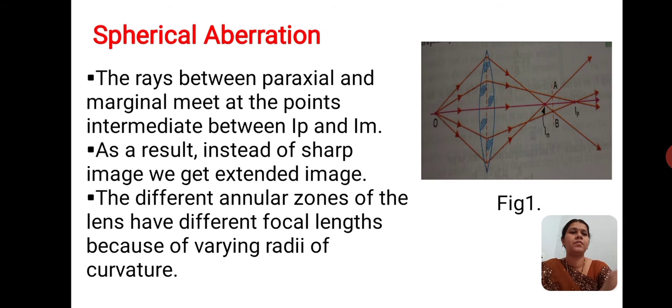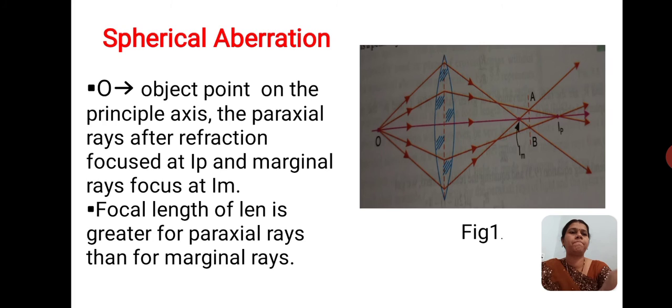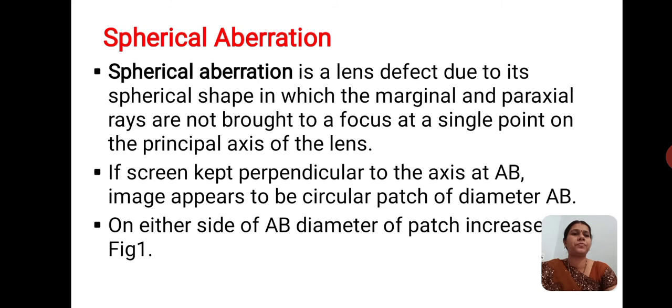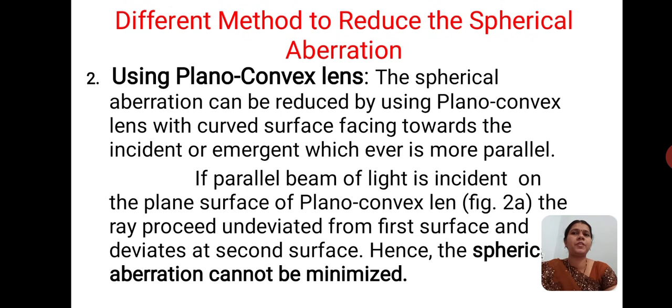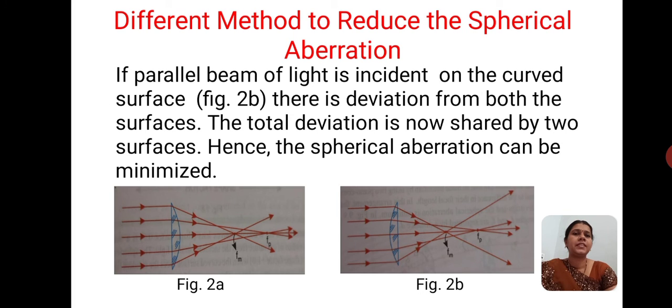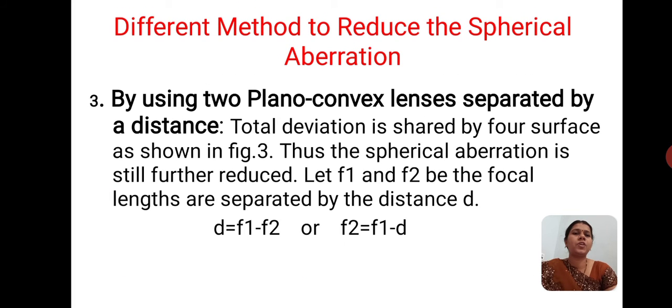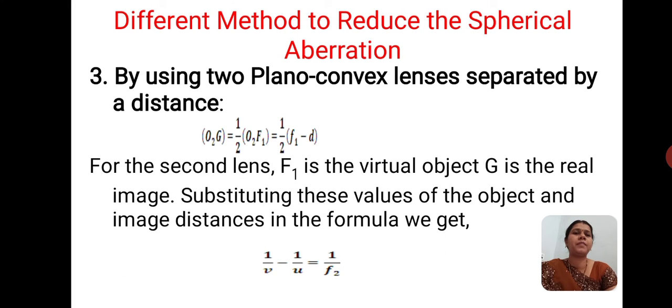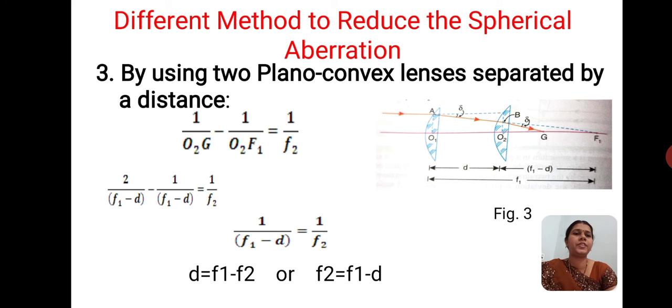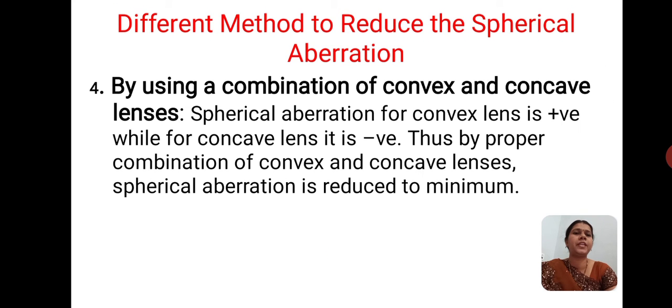Here we can see the marginal rays are lying towards the left of the paraxial rays, in the case of the convex lens, due to which the spherical aberration will be positive. And similarly for the concave lens, the spherical aberration is going to become negative.